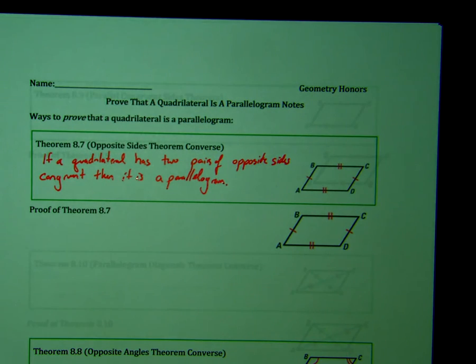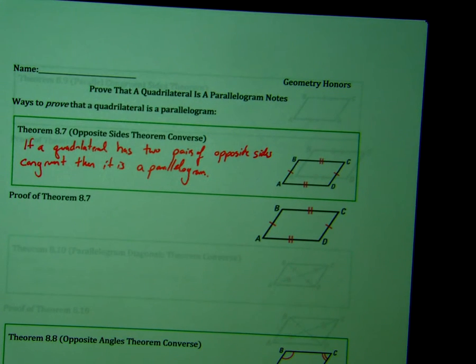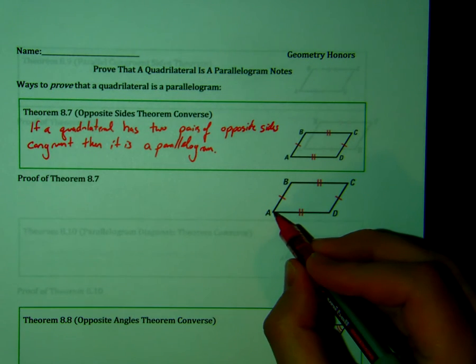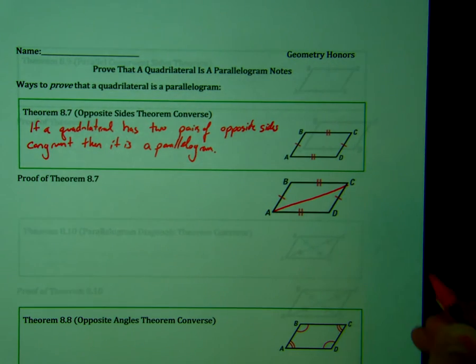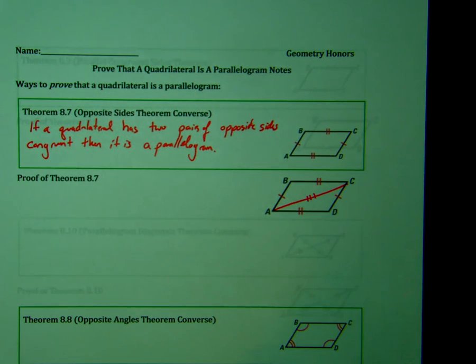Okay. So the proof for this is pretty straightforward. You need to kind of create a diagonal for yourself. So I'm just going to draw in the diagonal AC. Okay. And so clearly AC is congruent to itself by the reflexive property.